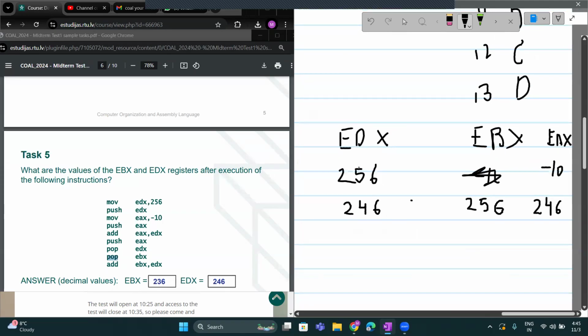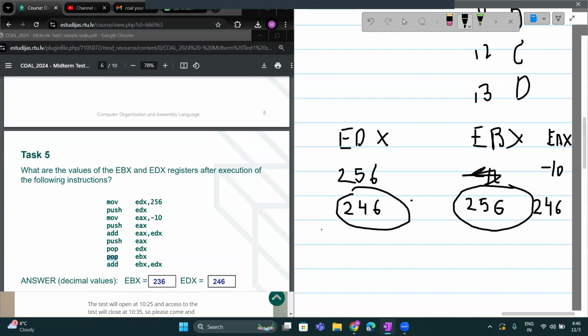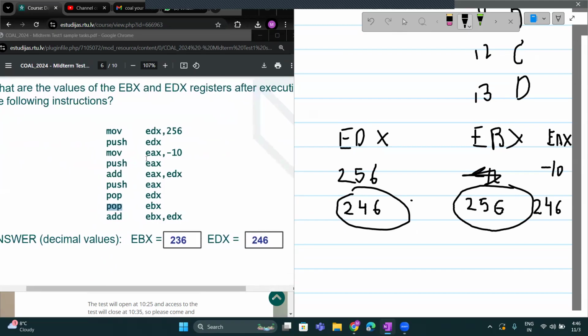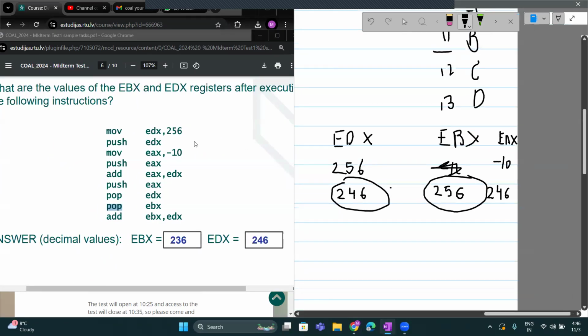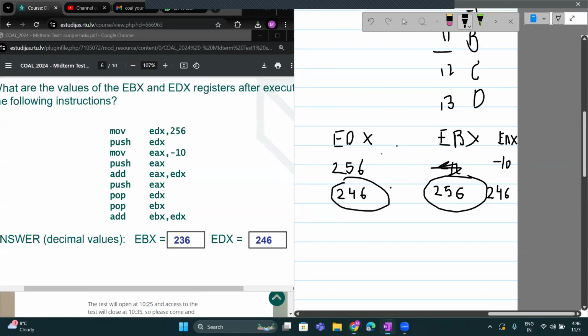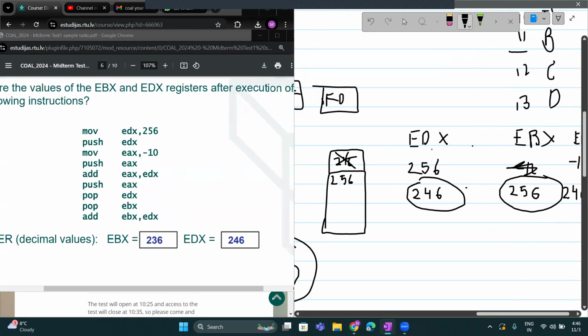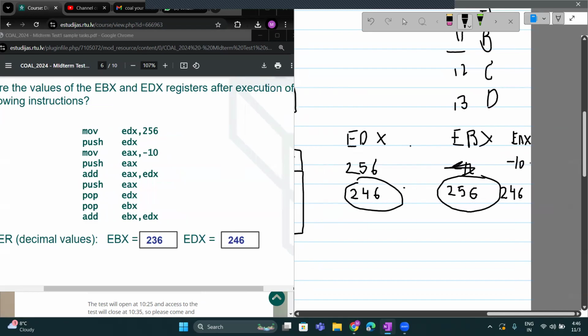So the result will be EDX 246 and EBX 256. I think the answer here is wrong. Check. So we moved 256 to EDX. We pushed this value on top of the stack. Then we moved -10 to EAX. Then we pushed the EAX value.